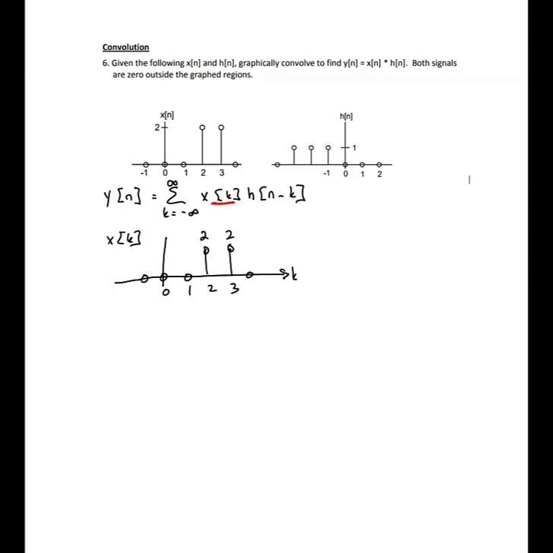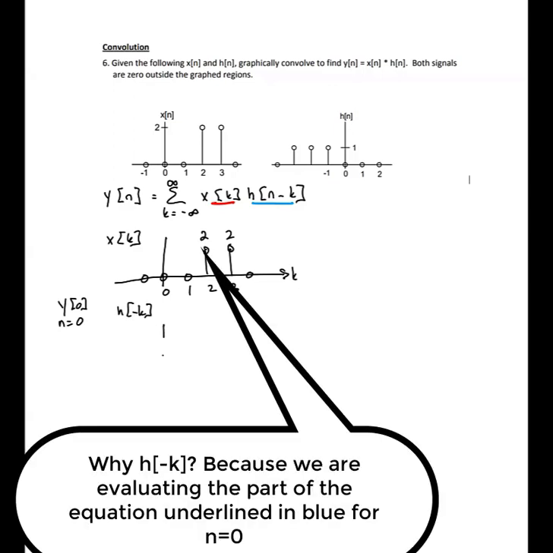Now we're going to draw our second part of our equation. We have to choose a value of n. We're going to start off finding what is y of 0. In other words, we're setting n equals 0, and we are going to graph h of minus k.